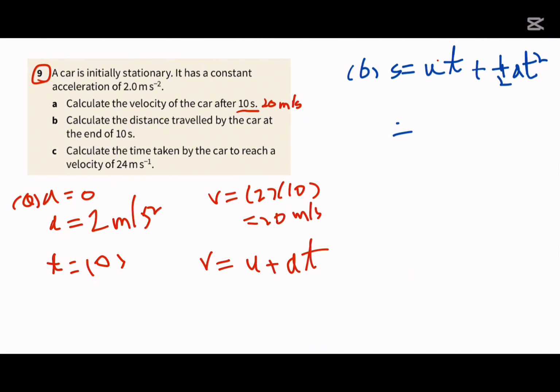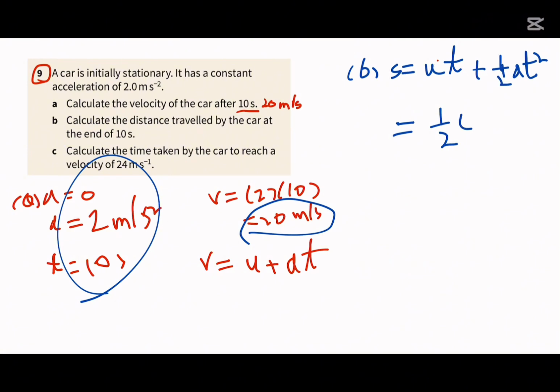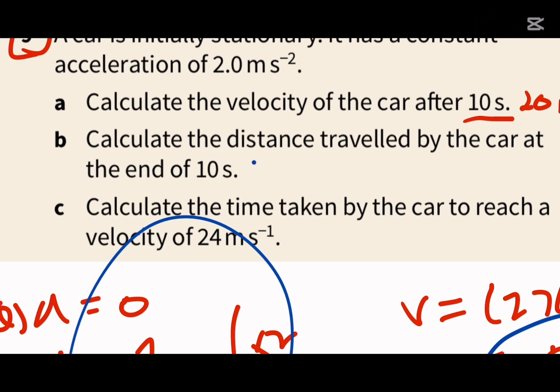I just need to substitute these numbers into the equation. So u is 0, so that term is 0, then 1/2 times a, which is 2, times t squared, which is 10 squared. The 1/2 and 2 cancel out, so it will be 100 meters. So the answer to part B is 100 meters.